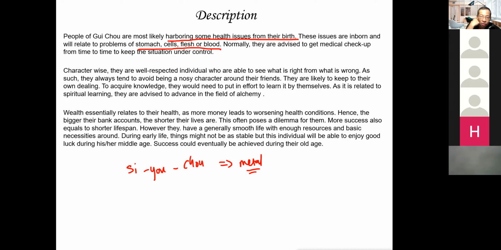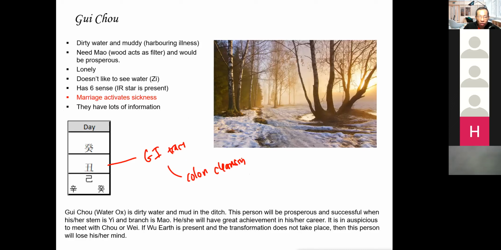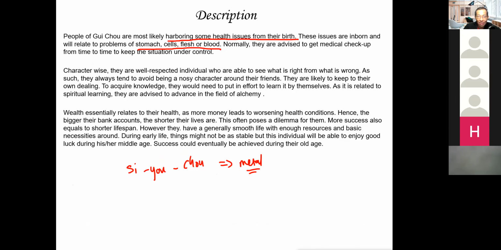There's strong attraction. So that's where Gui Chou is intelligent. They got very good sense, and that is their main strength. So the main issue sometimes is their need to overcome their health. And once they can overcome their health, then of course they will have improving luck during their later age.